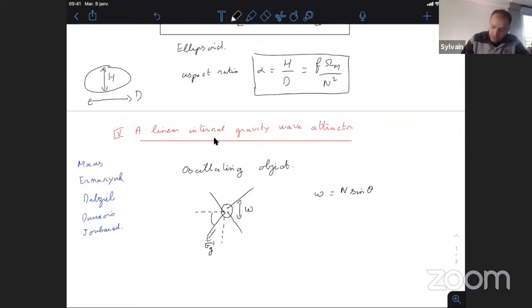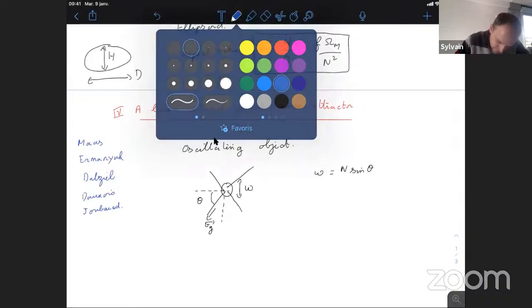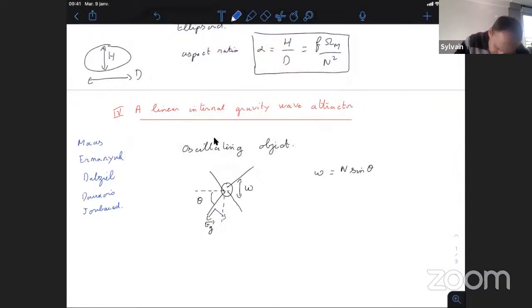When you look at the group velocity and you have a sine, it is the angle with the horizontal. That's important. And the phase velocity in the internal wave is proportional to the wave vector k. In this case, theta is the direction of the phase velocity with the vertical, with the direction of gravity.